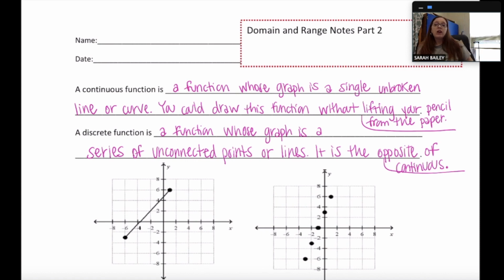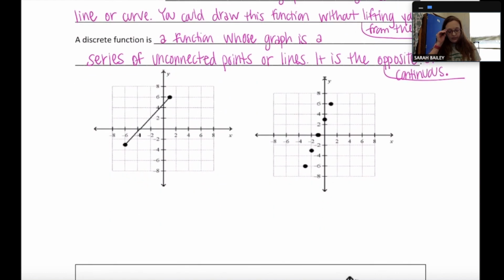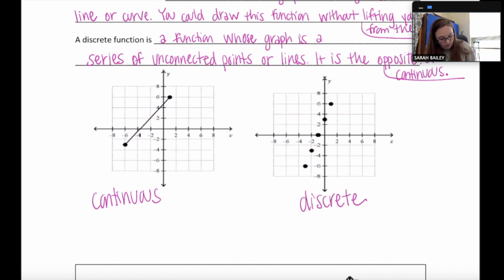Okay, so if you'll look at these two examples, we can see that the first example would be considered continuous. So we're going to write continuous. And the second one would be considered discrete, because those are unconnected points.